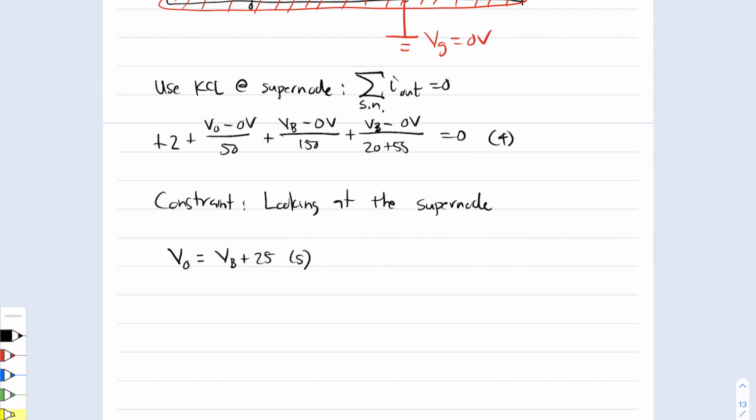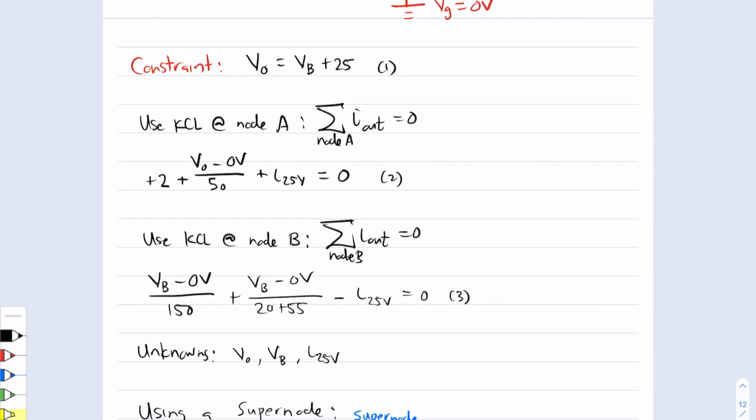This is equation 5. Now, one thing that I really want to highlight is that we have two unknowns and two equations. We can solve equations 4 and 5.